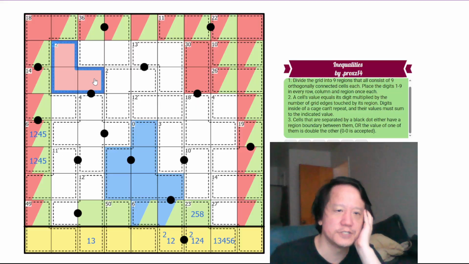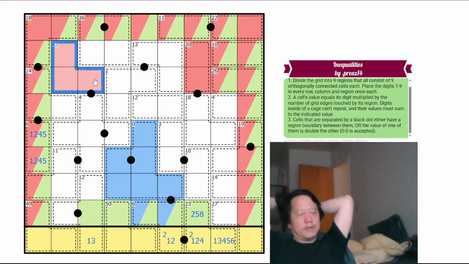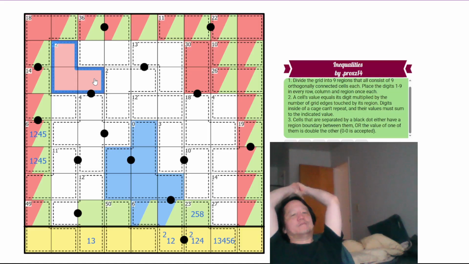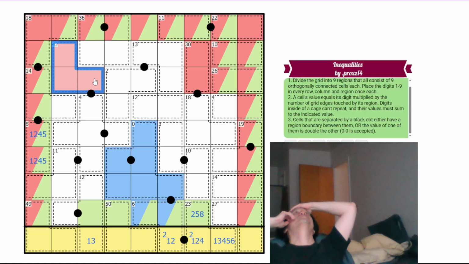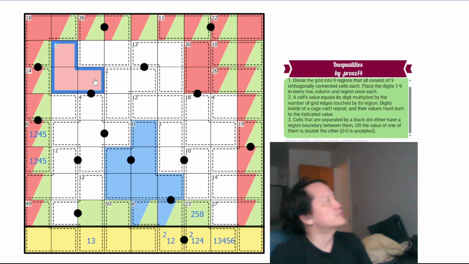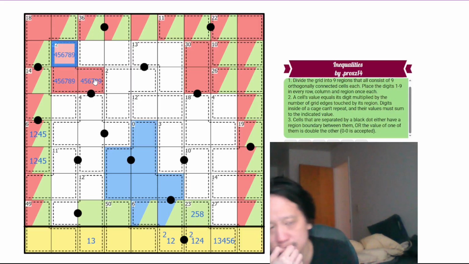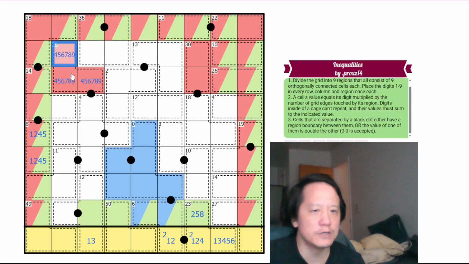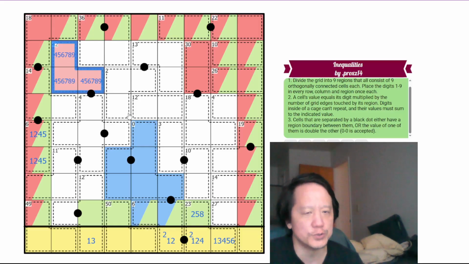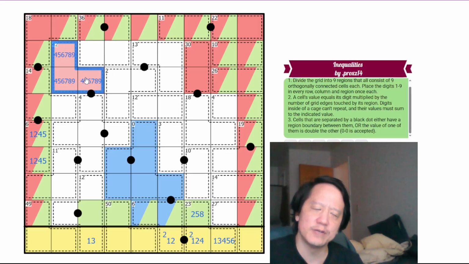What are the digits here? It has to be 6 or... It's times 2. So it's 21, which could be 4 through 9. So this is 4 through 9 here. Times 2. So this is part of a region touching 2. Are they the same region, then?